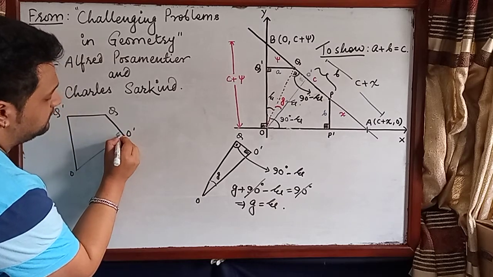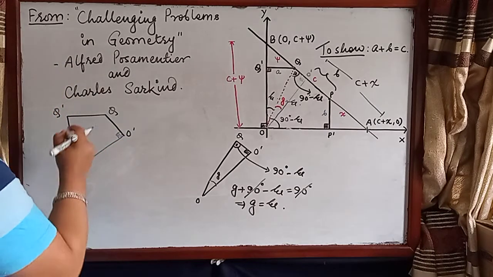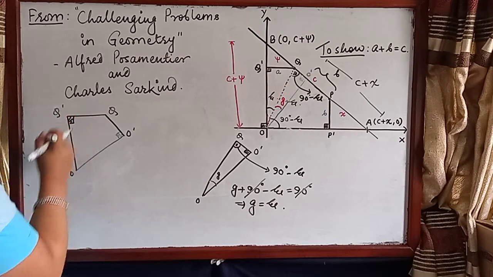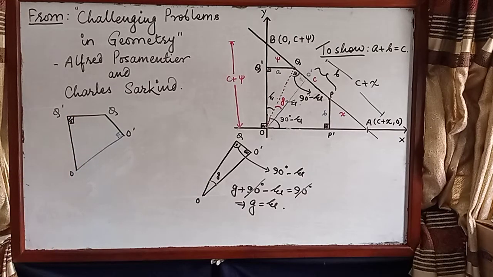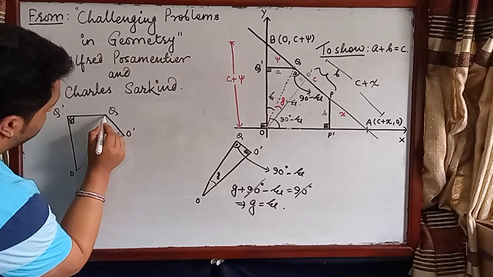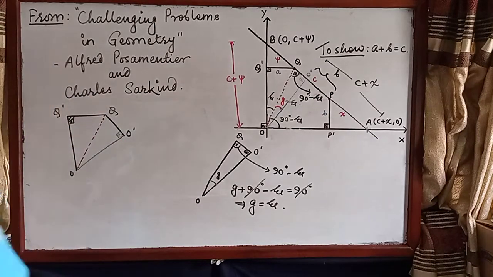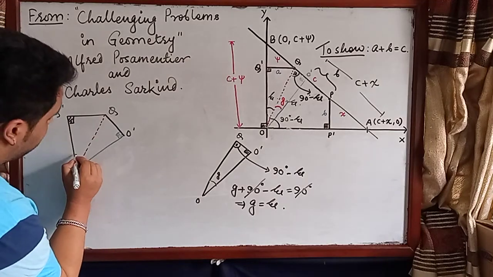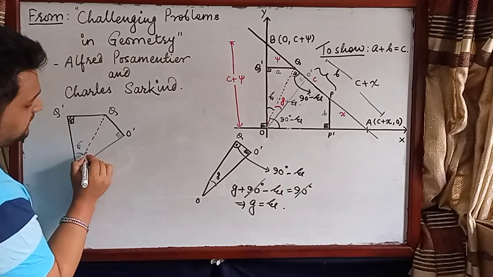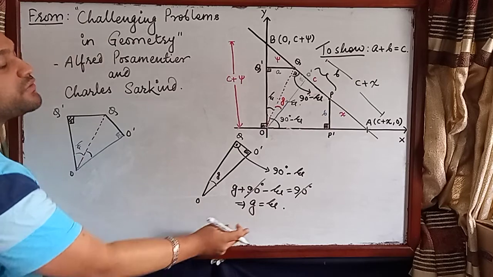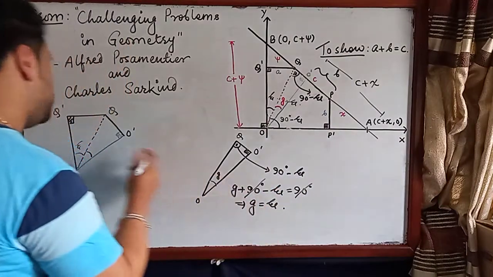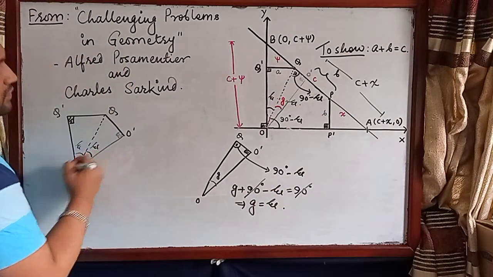This is 90, and this is 90, and this is joined. Furthermore, we have this angle to be xi, and this angle was G, which was found to be equal to xi, so this angle is also xi.